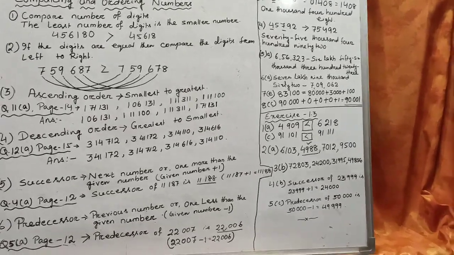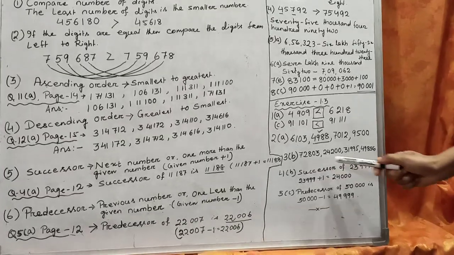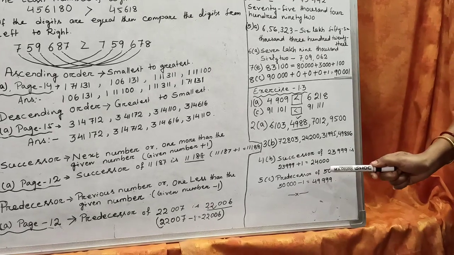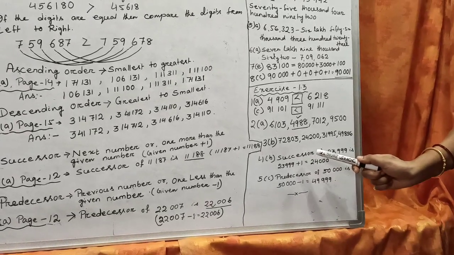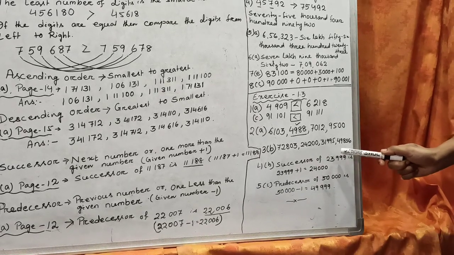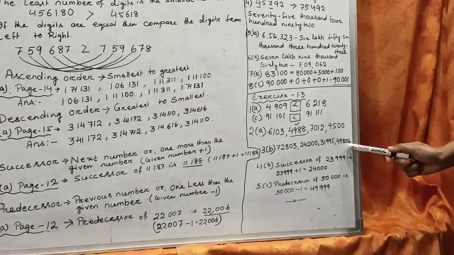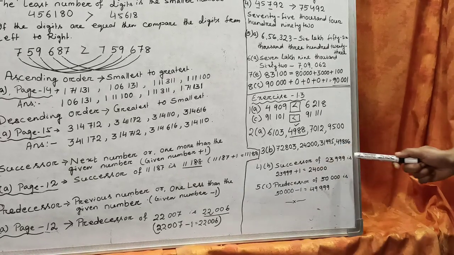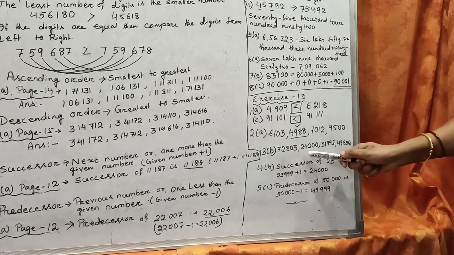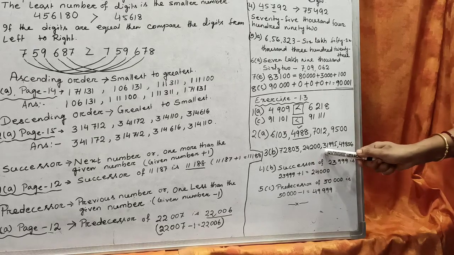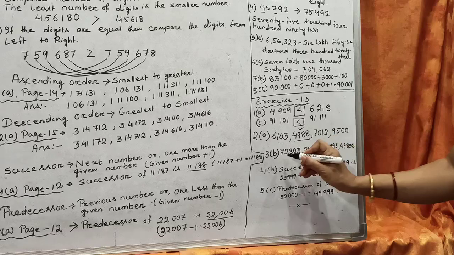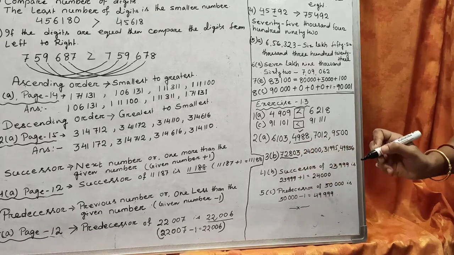Here you have to find the greatest one. Out of these 4 numbers: 72,803, 24,200, 31,995, 49,856. Which one is the greatest? Here in the thousand place, 72 is given, here 24, here 31, here 49. So 72 is the greatest number.